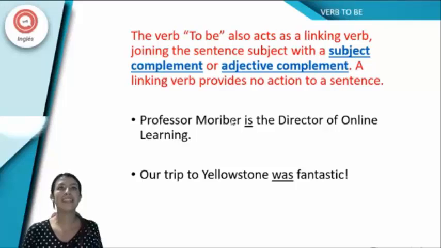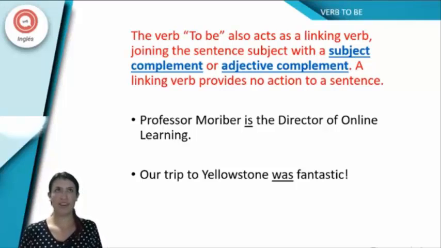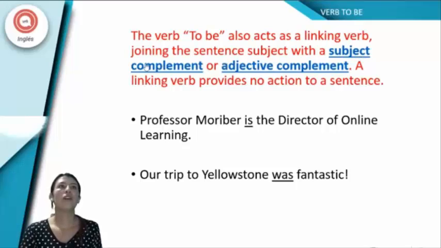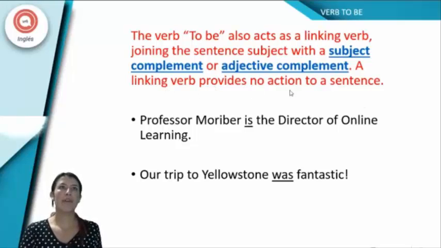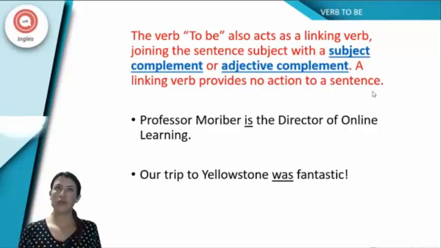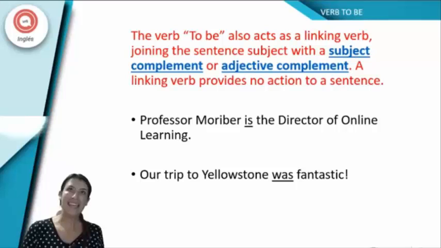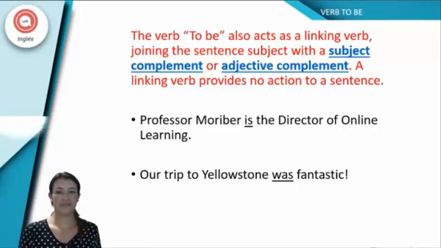So the sentence subject is the person, yes, the subject, with a subject complement or an adjective complement. So the subject complement and the adjective complement, I'm going to explain right now, okay? A linking verb provides no action to a sentence. So it's important to know that when you use the verb to be in a sentence as a linking verb, it is not an action.